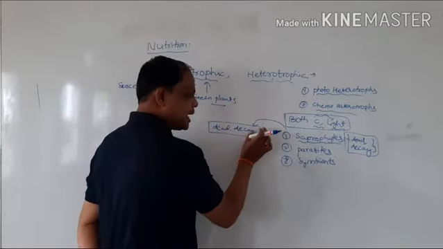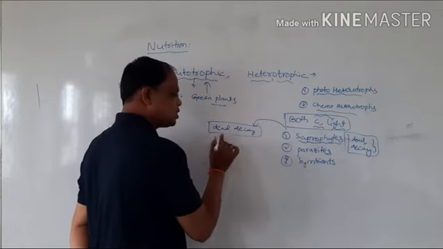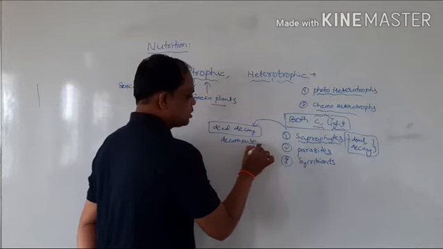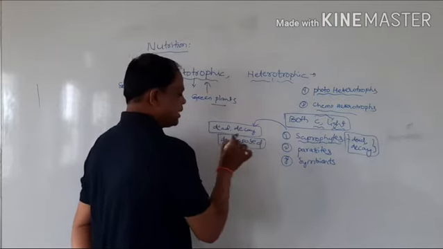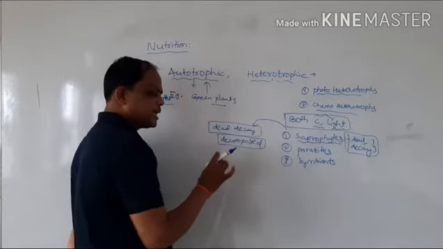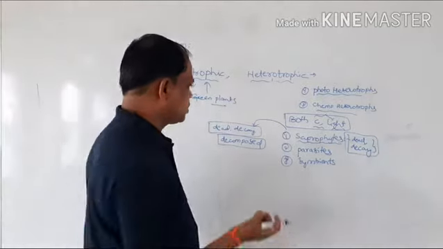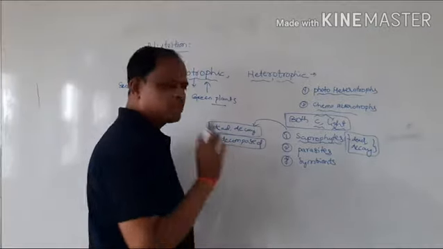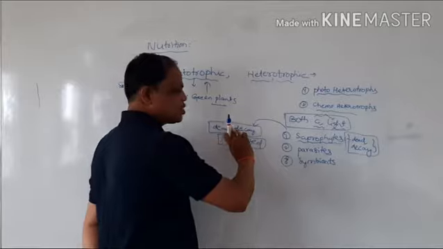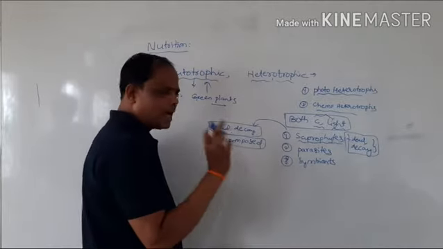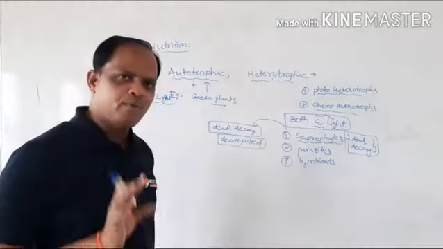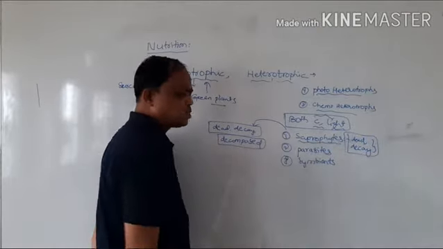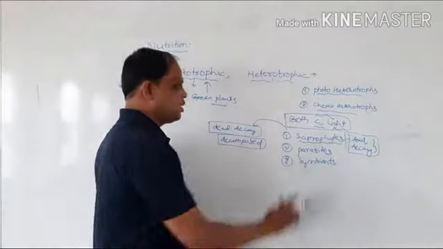With the help of these enzymes, the organisms are decomposed. They contain carbon source, so they can utilize it, and these reactions release some energy, and they can manufacture food materials. Such organisms are also called saprophytes.